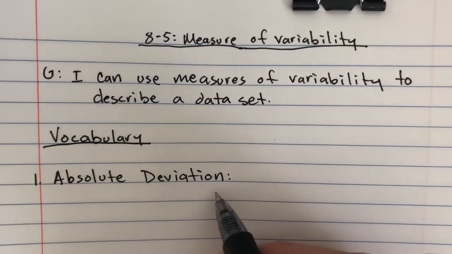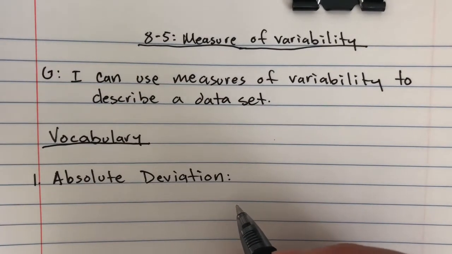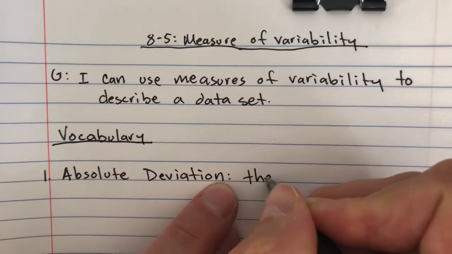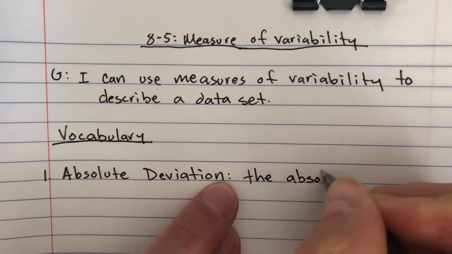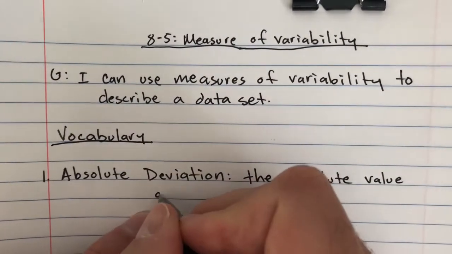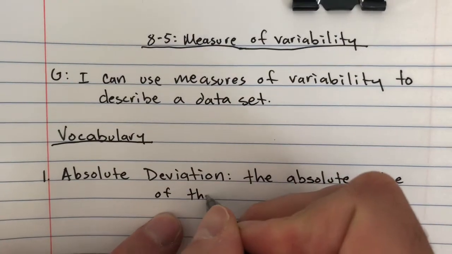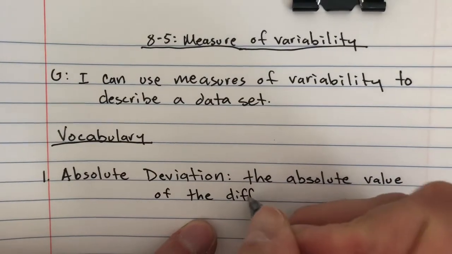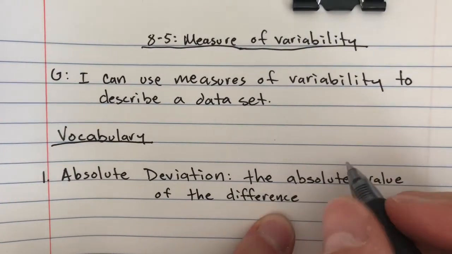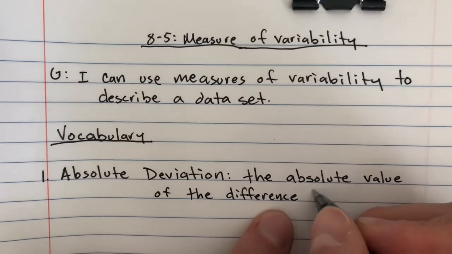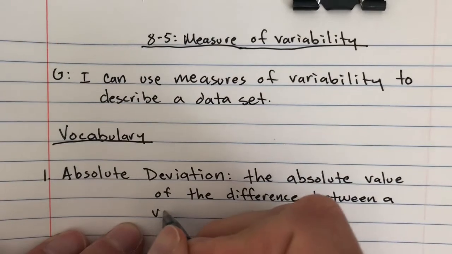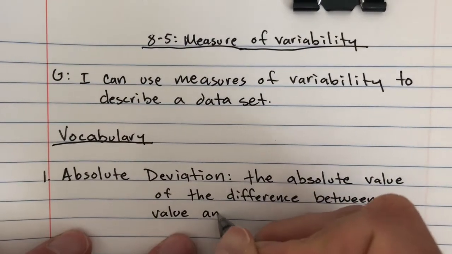We're going to find the deviations in a data set. And what that is, is the absolute value of the difference. Remember, the difference means subtraction. The difference between a value and the mean.